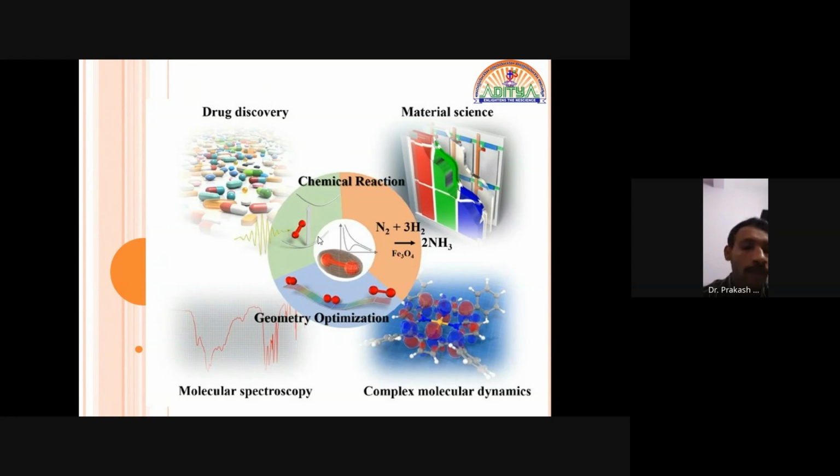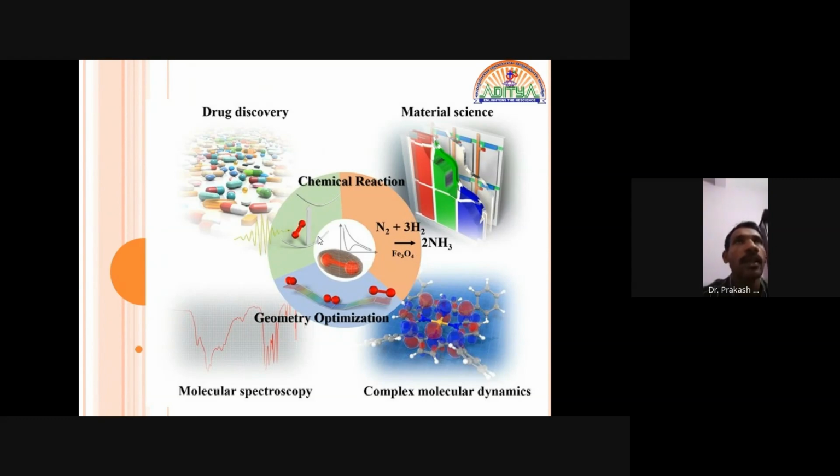We know how spectroscopy helps us. If a molecule has isomers, the IR spectra tell us which molecule it is, whether it is an alcohol, a ketone, or an aldehyde. Based on the IR spectra, we can easily conclude that.